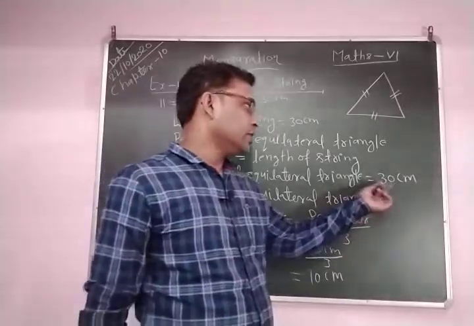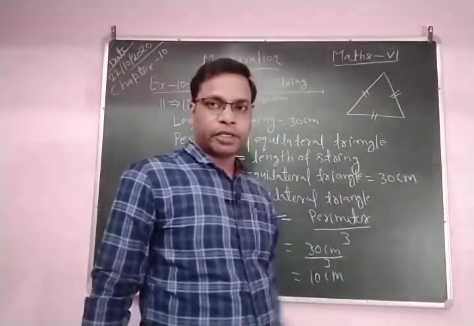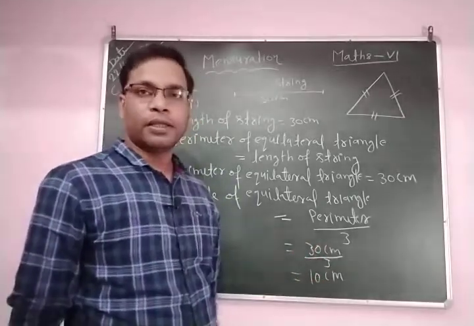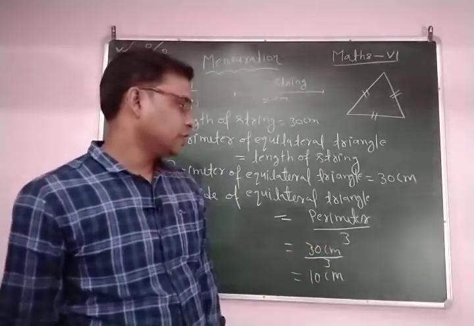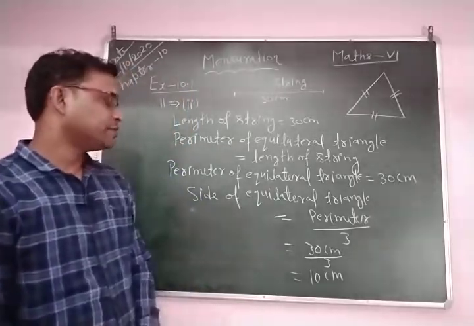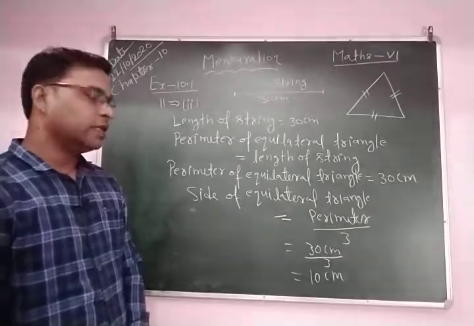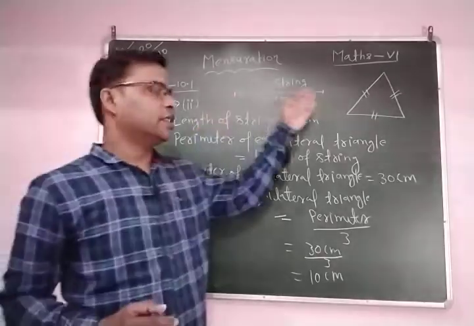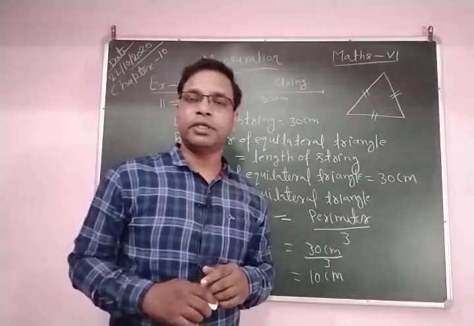So here we find the perimeter of the equilateral triangle is 30 centimeters. 30 centimeters divided by 3 is equal to 10 centimeters. Students, I hope all have understood the side of equilateral triangles. In this question, this is a string whose length is 30 centimeters.